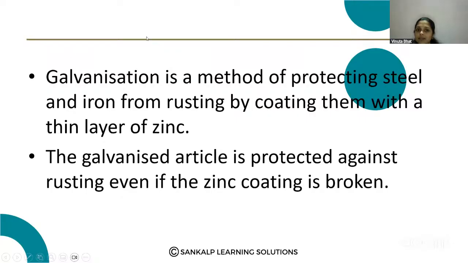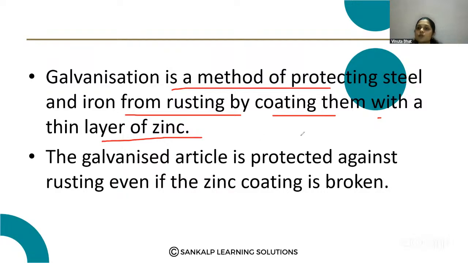So galvanization is a method of protecting steel and iron from rusting by coating them with a layer of zinc. So iron articles or steel articles are coated with zinc. So that process is called galvanization.